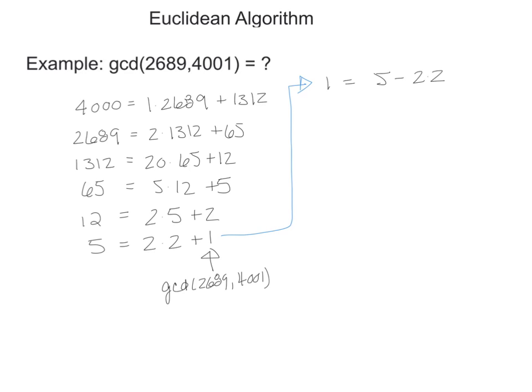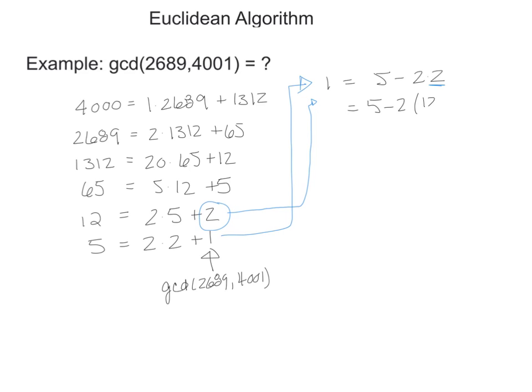And now I'm going to look at my next line, and I'm going to substitute this remainder for this number here. So I'm going to have that 1 is equal to 5 minus 2 times, and I'm going to substitute again for this 2 here, 12 minus 2 times 5.